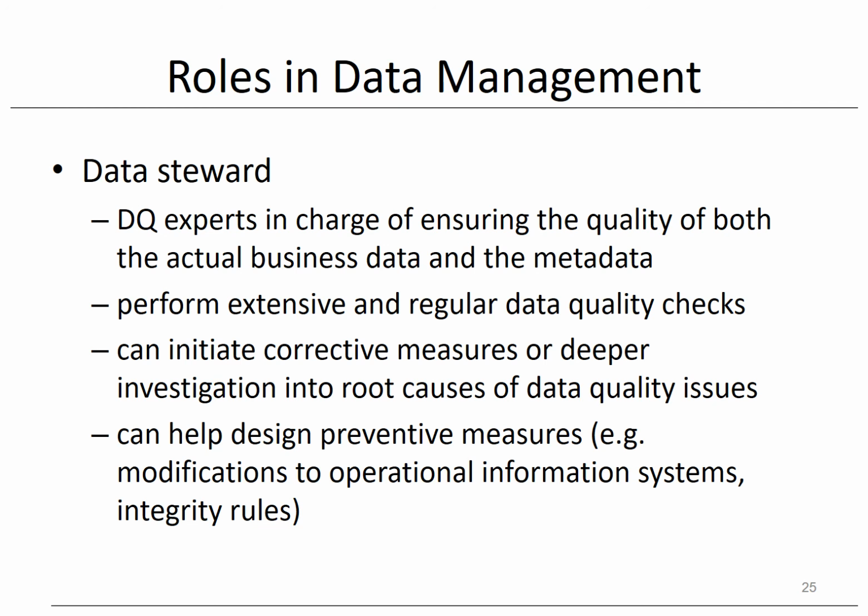Understanding these causes may allow designing preventive measures that aim at eradicating data quality problems. Preventive measures may include modifications to the operational information systems where the data originate from, such as making fields mandatory, providing drop-down lists of possible values, rationalizing the interface, etc.